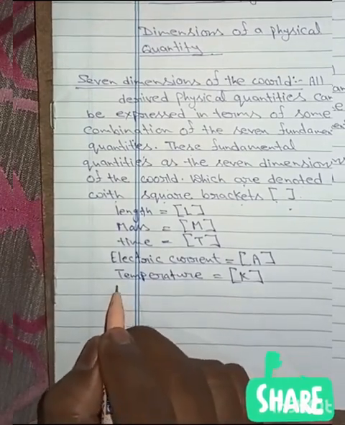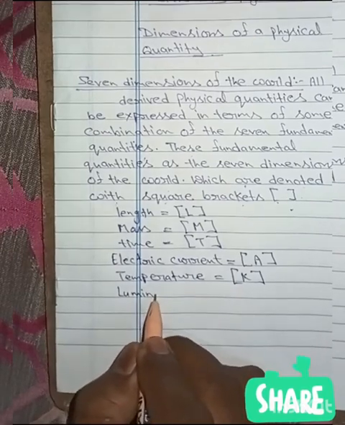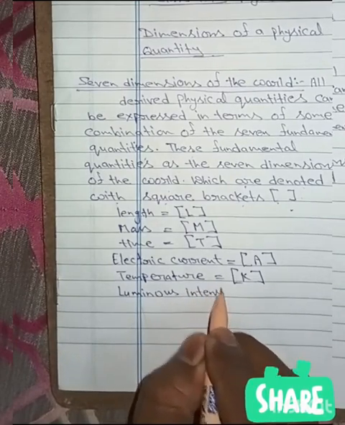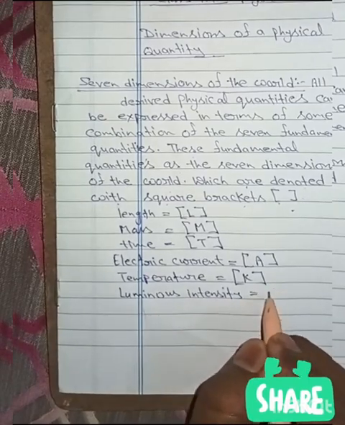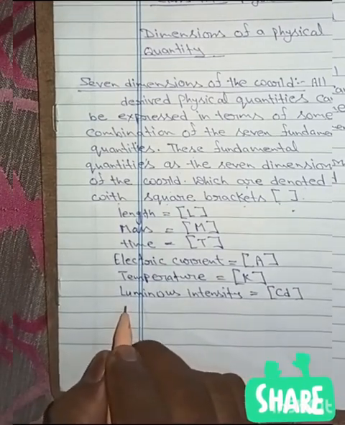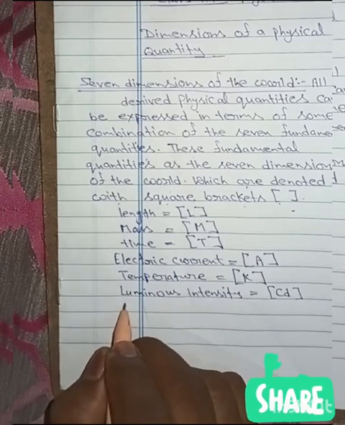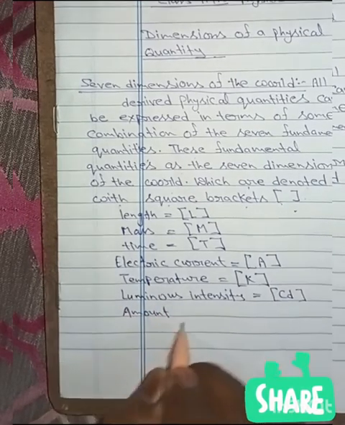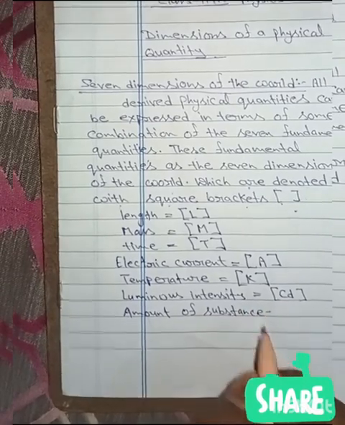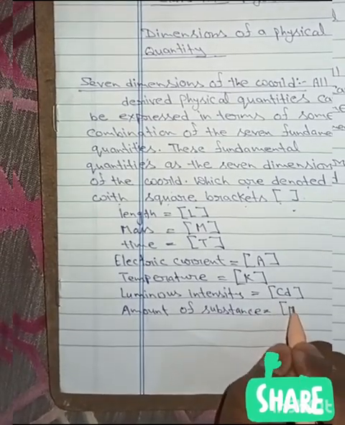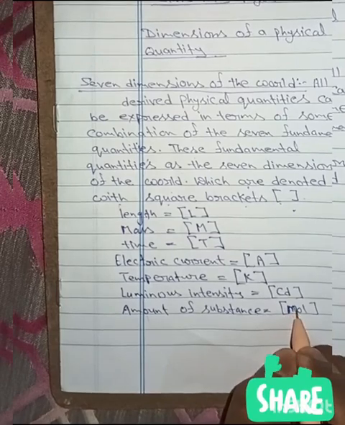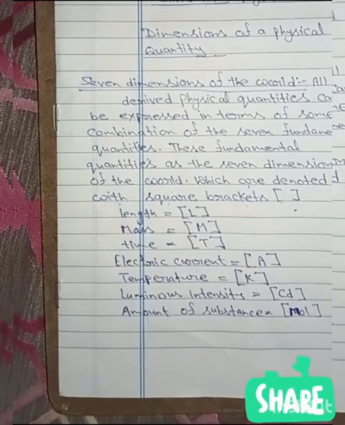Then luminous intensity is represented by cd, candela. And the dimension of amount of substance is represented by mol, in square bracket, that will be small m, mole.